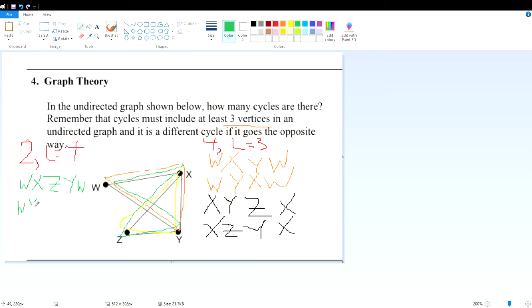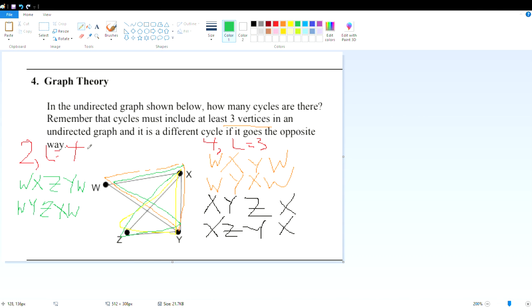W, Y, Z, X, and then back to W. So we could go W, X, Z, Y, and back to W, or we could go W to Y, Y to Z, Z to X, then X back to W.